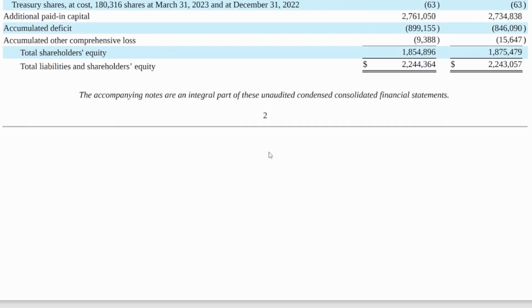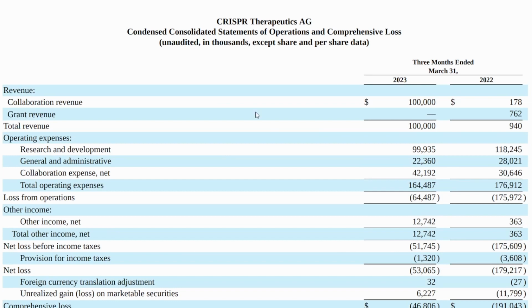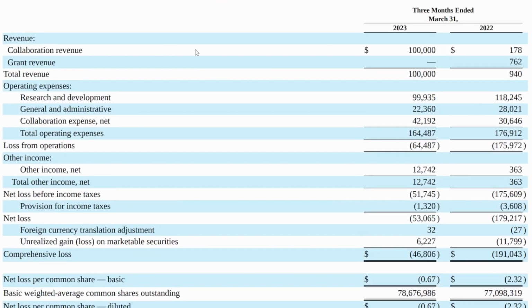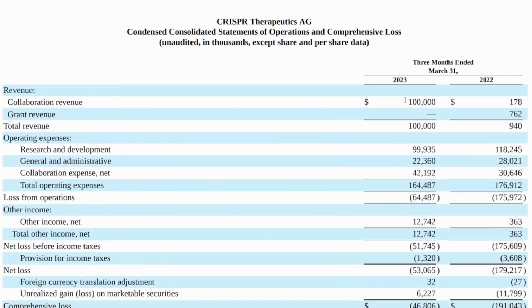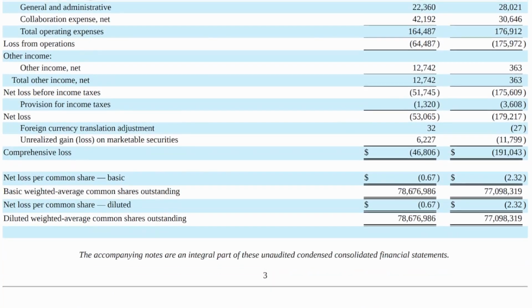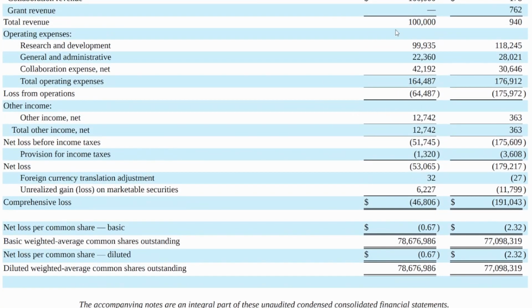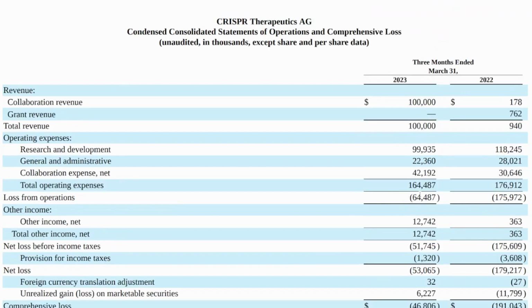Now, the third part of our accounting fundamentals is we'll take a look at the income statement. The income statement just reflects where the company got a lot of its revenue, a lot of its money from. I won't bore you with whatever's going on over here, but we could see that the loss from operations in the prior year was approximately $176 million, and now it's $64 million.